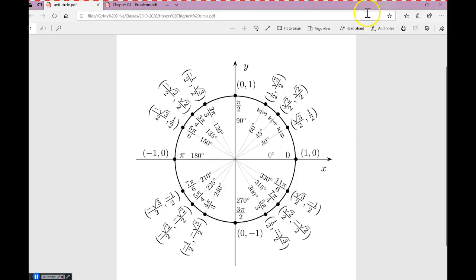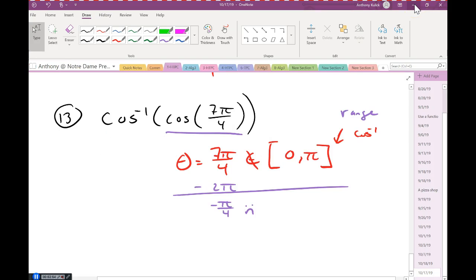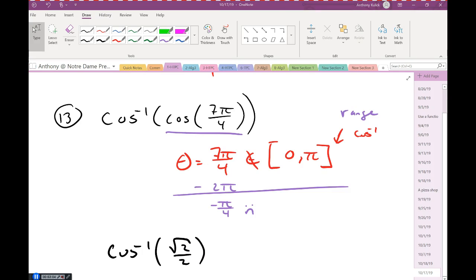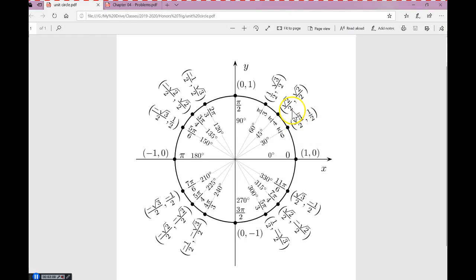Okay with that? And now I can go to my unit circle and look at the places where cosine gives me square root 2 over 2. Well, it's at pi over 4 and 7 pi over 4.